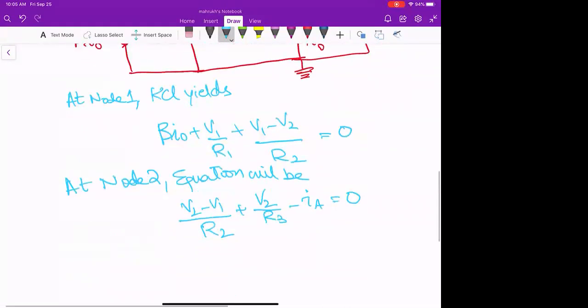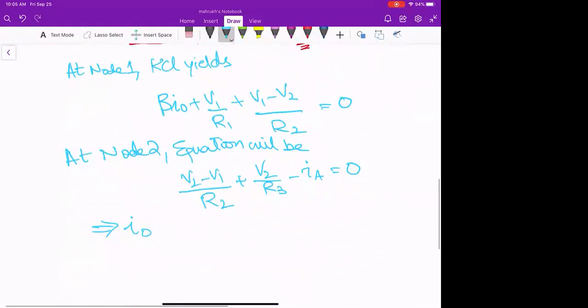Okay. And our I naught here is V2 over R3. So we can get rid of one of the things in equation 1, that is I naught, by replacing it with V2 over R3.